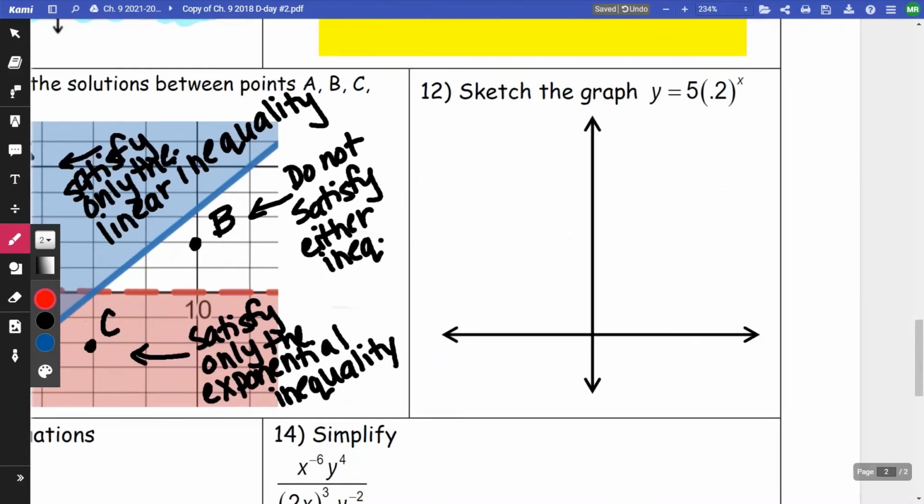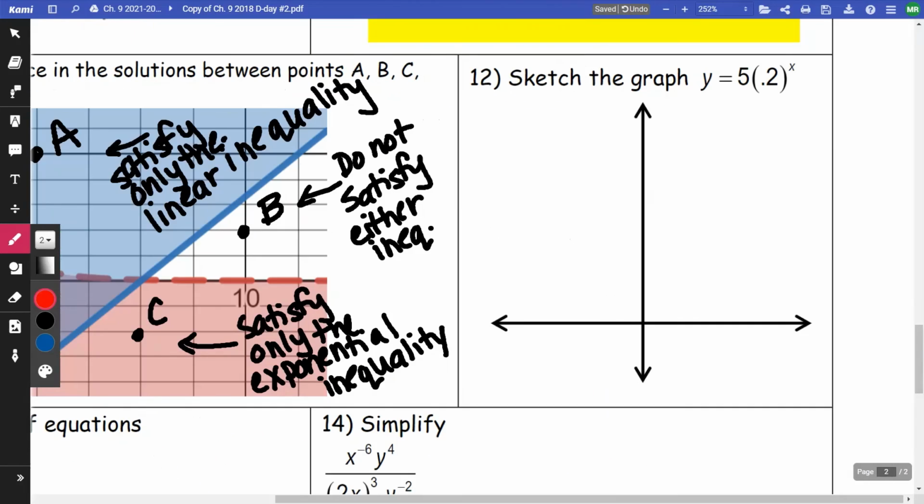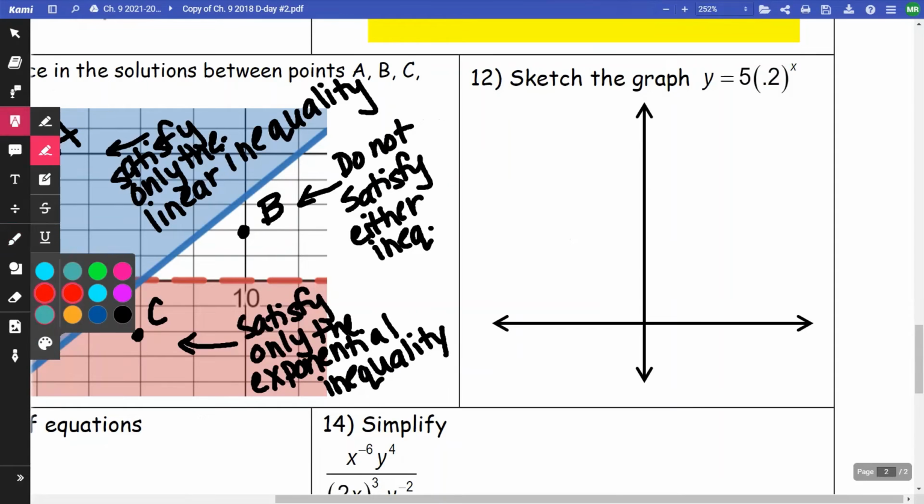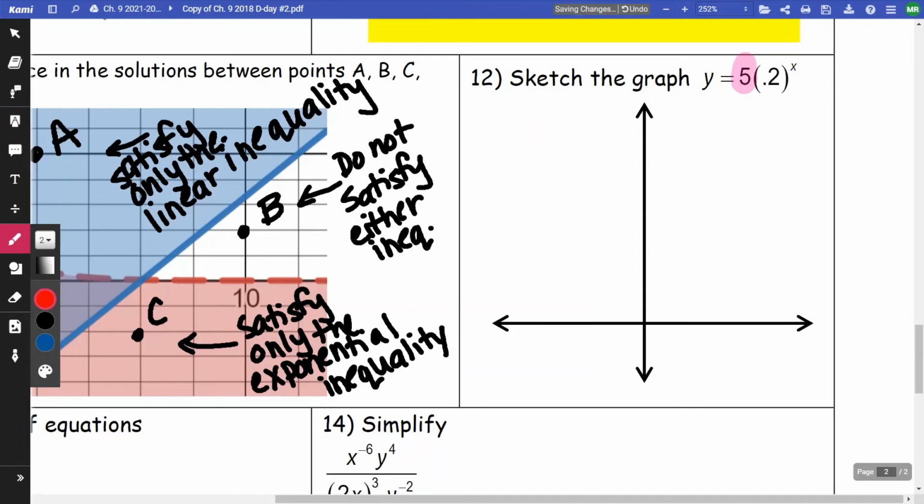On 12, we want to sketch a graph of this. And when we sketch a graph, we want to be very precise with a couple of things. Number one, this 5 is going to be our y-intercept. So I can put a point here and say it's 5.